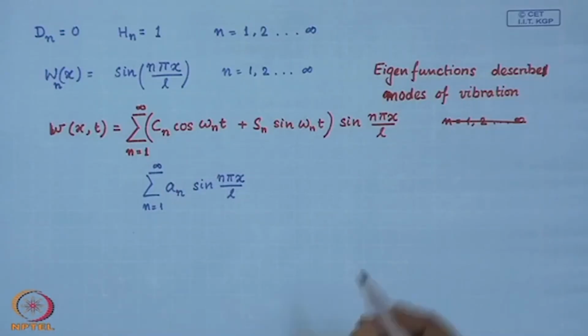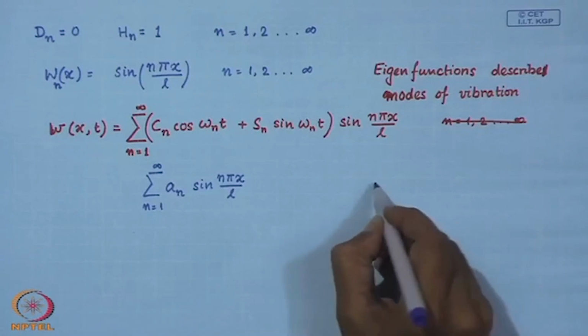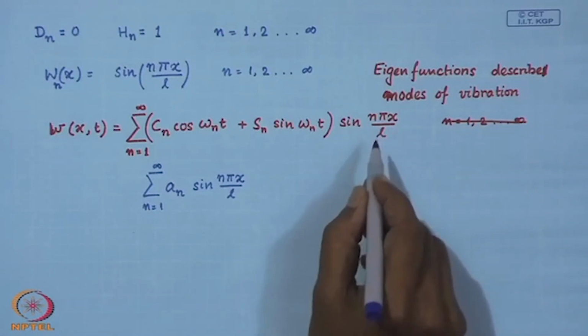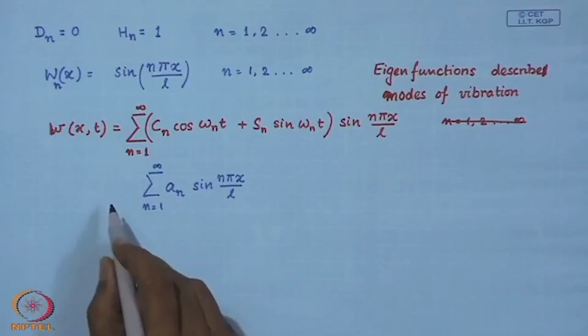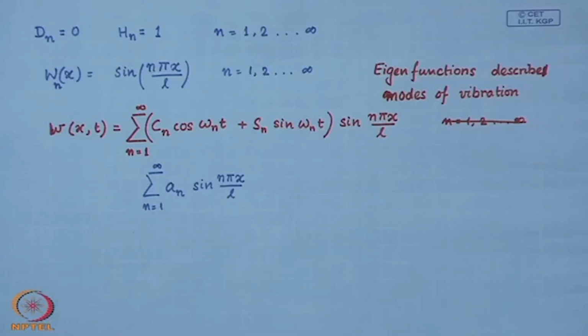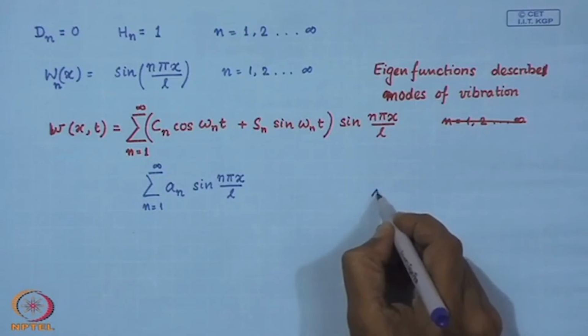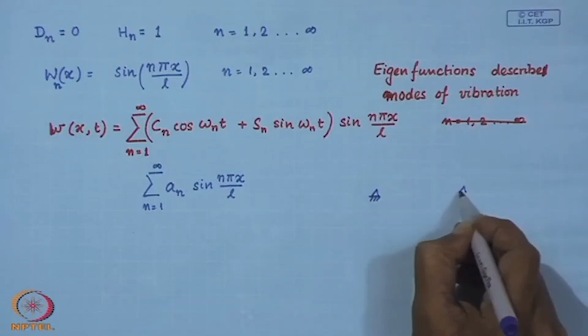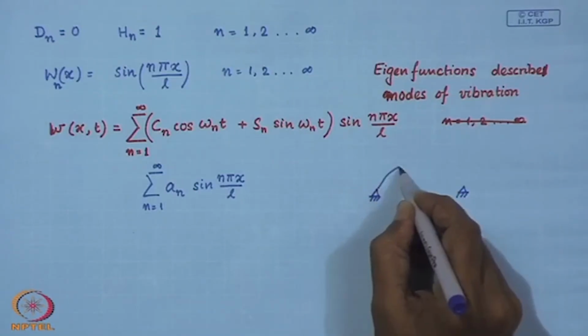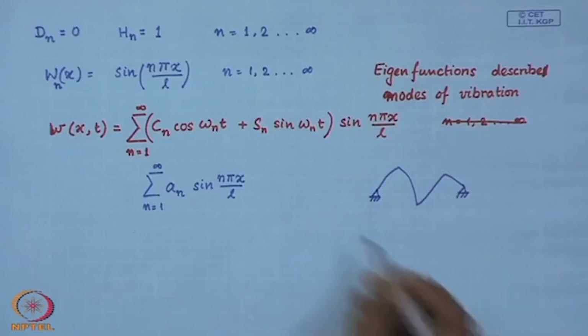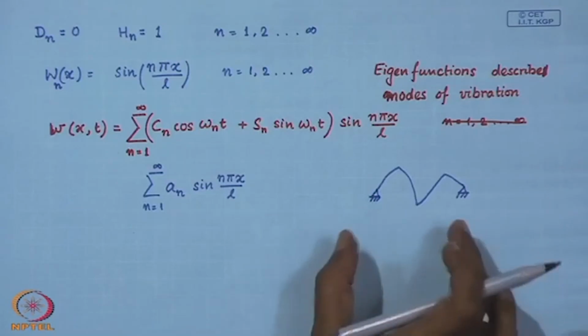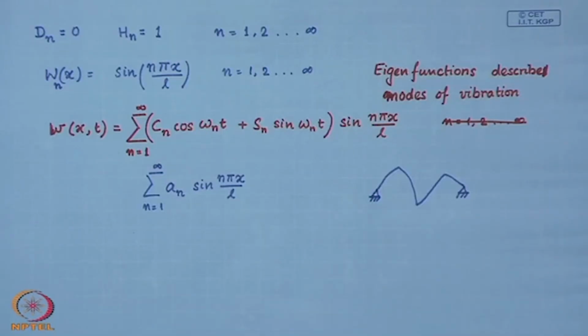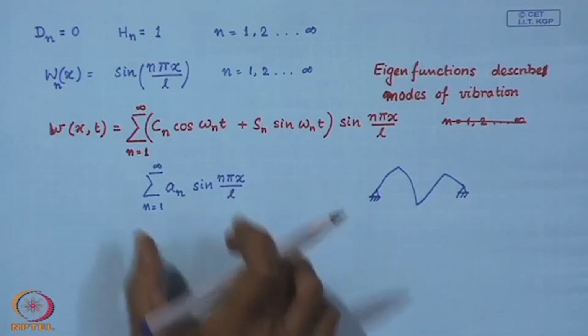So, which means that any shape of the string, since we know from Fourier series theory that any shape between two supports, if I have this shape, by continuation I can represent this as a Fourier sine series like this.